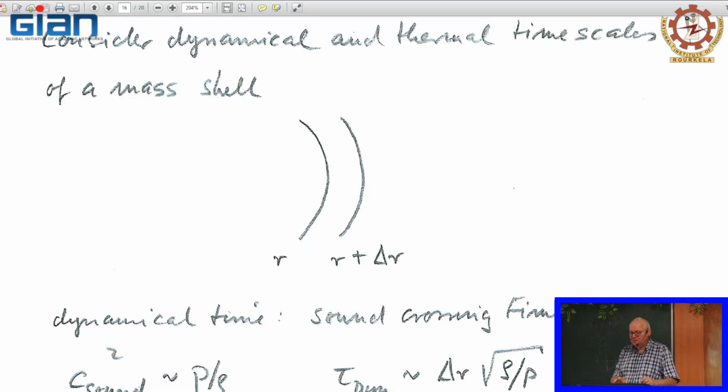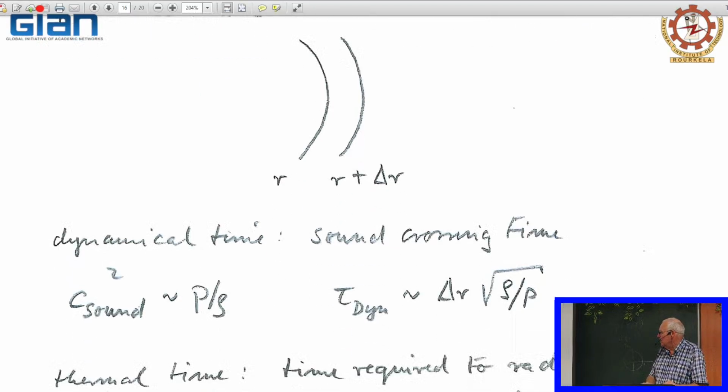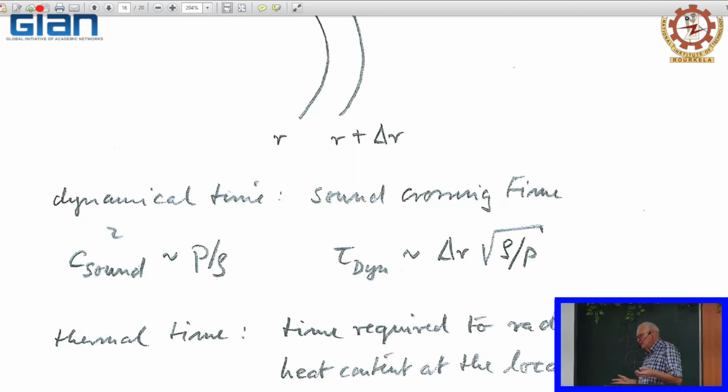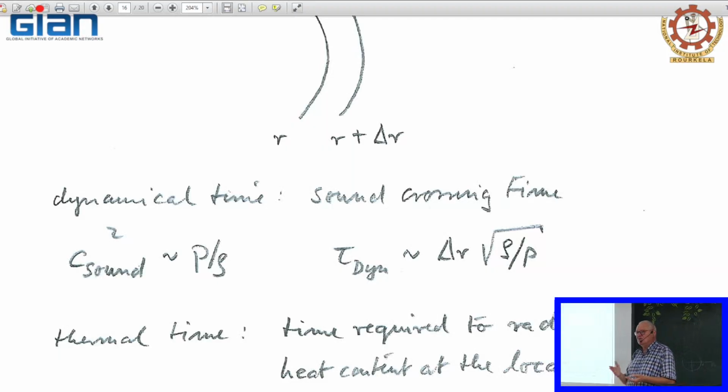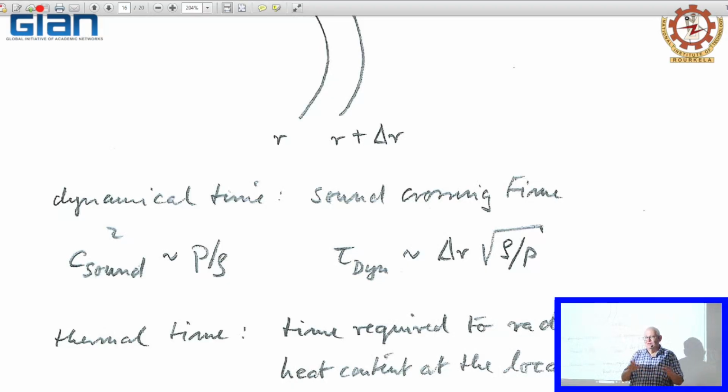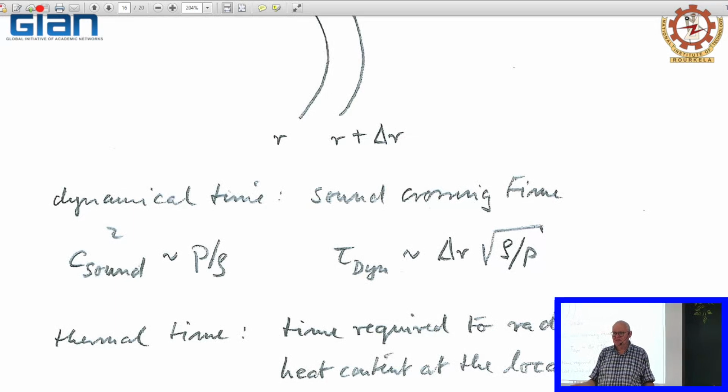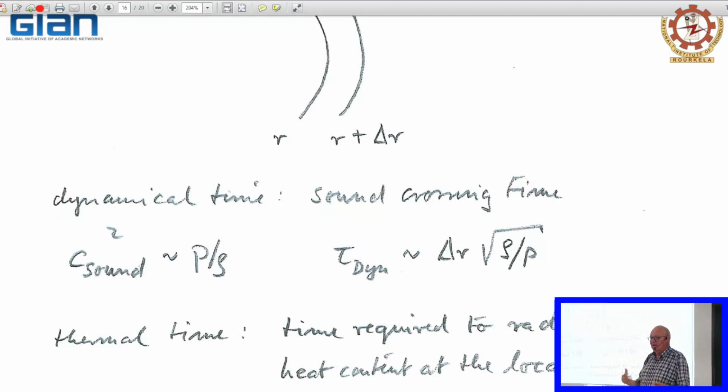What would be the thermal timescale of this shell? Similar to the thermal timescale associated with the entire star, we could define it as the time needed to radiate away the thermal energy content of that shell at the local luminosity. So we calculate the thermal energy content of that shell and divide it by luminosity. Then we have the time this element needs to radiate away its internal energy.